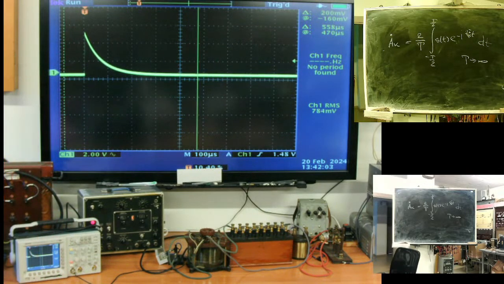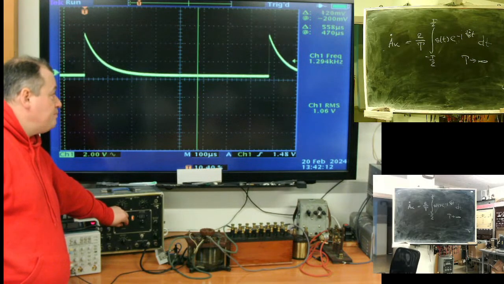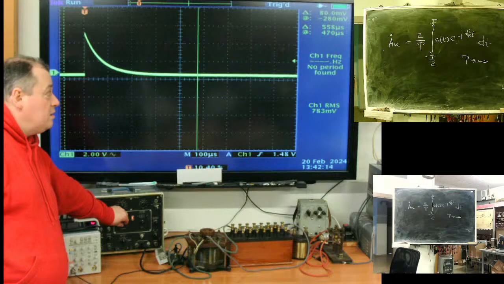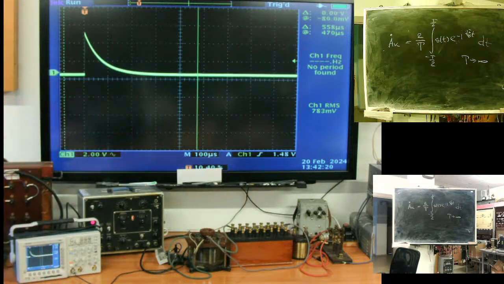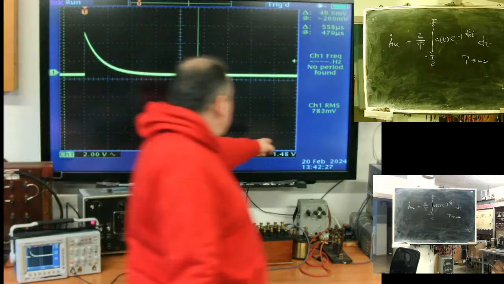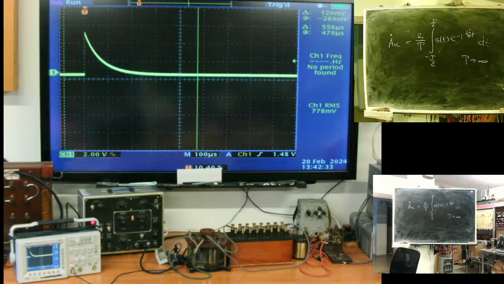And next moment: no period found. Why no period found? What happened? Periodic, periodic, periodic, periodic. Why? What happens when the time ends for my scope? Here time begins, here ends the observation window. Here is the end of time for my scope.